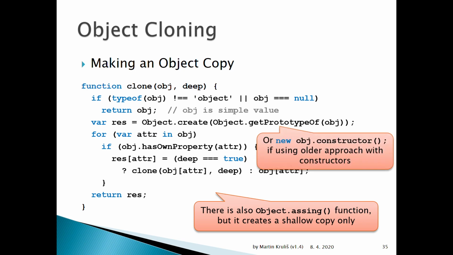One other remark, if we are still using old school constructors, then this can be replaced, or maybe even should be replaced, with new object.constructor, where the object constructor actually holds the reference to its constructing function.